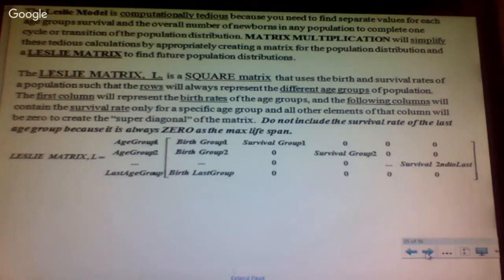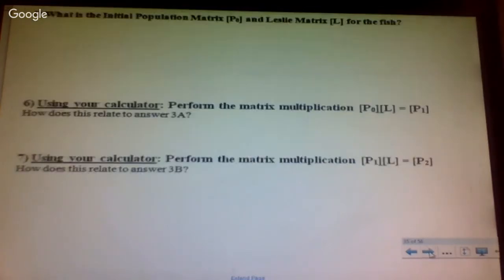The Leslie matrix is a square matrix that uses the birth and survival rates of a population. The rows always represent the different age groups, the first column represents your birth rates, and the other columns represent your survival rates. We are now going to create a matrix that will do all of that fancy computation for us.